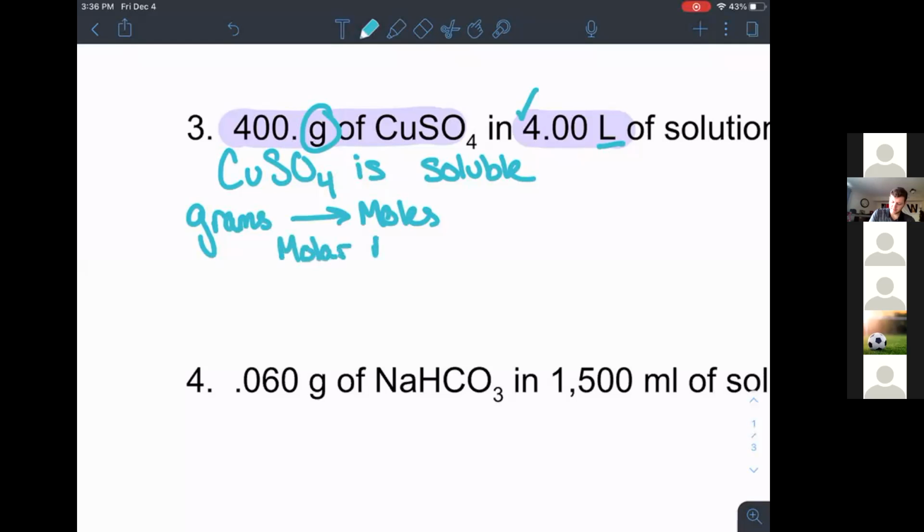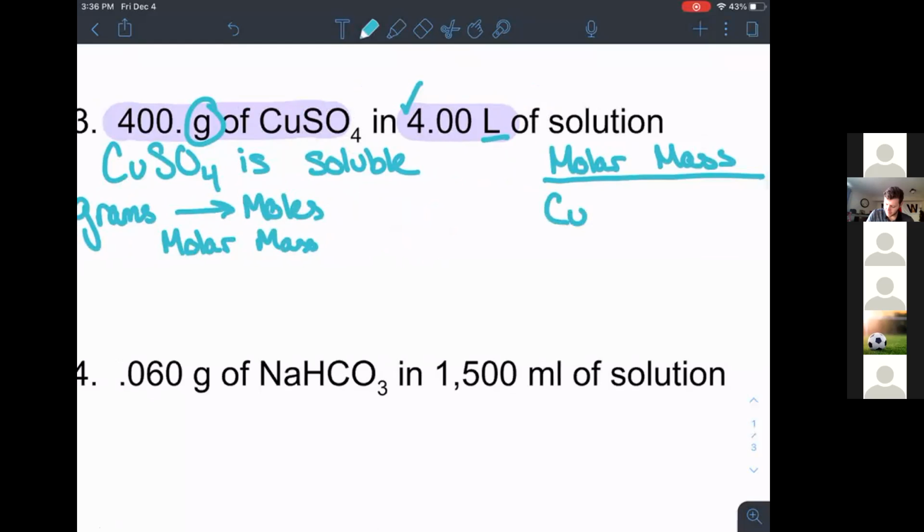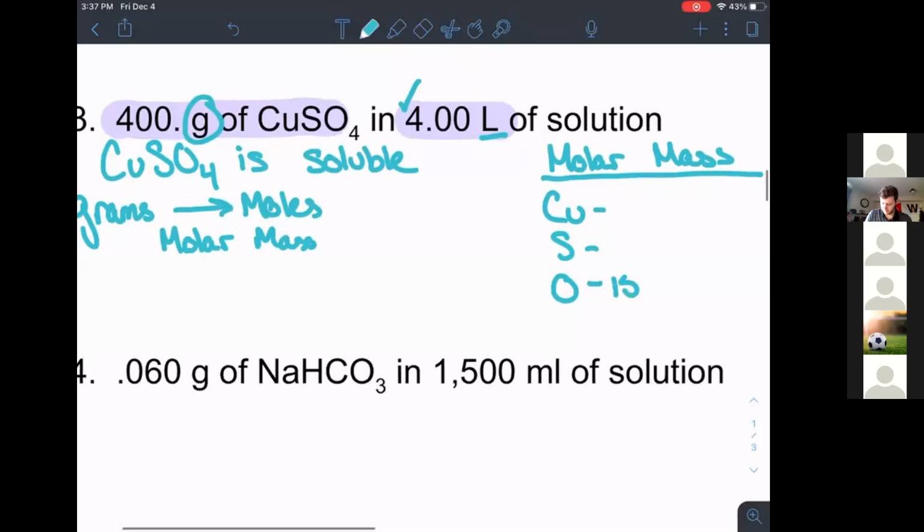Molar mass. All right, so it's a compound, so we have to find the molar mass of quite a few things. We'll find the molar mass by looking at our periodic table. We need to find the molar mass of copper, of sulfur, and of oxygen. Can anybody find me any of those values? For oxygen, it's 15.999. Awesome.